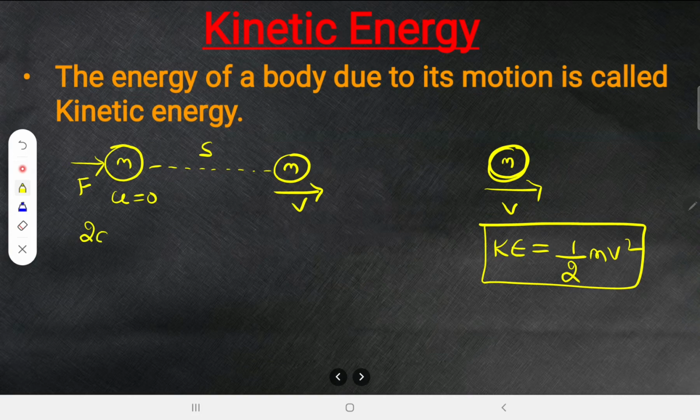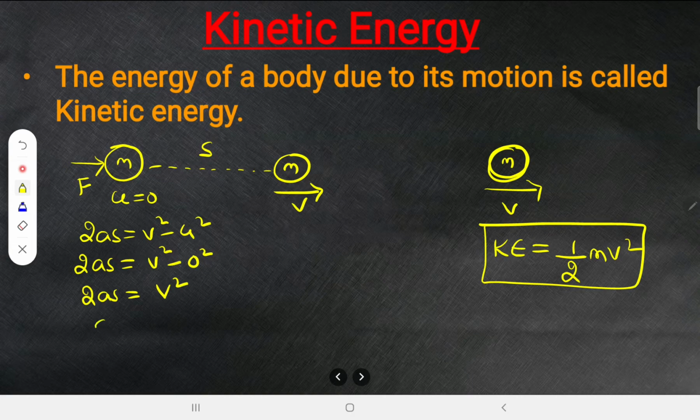Taking 2as equal to v square minus u square, with u equal to 0, we have 2as equal to v square, and s becomes v square divided by 2a.